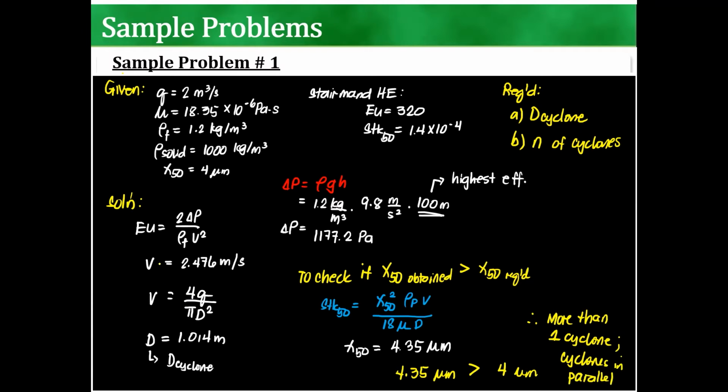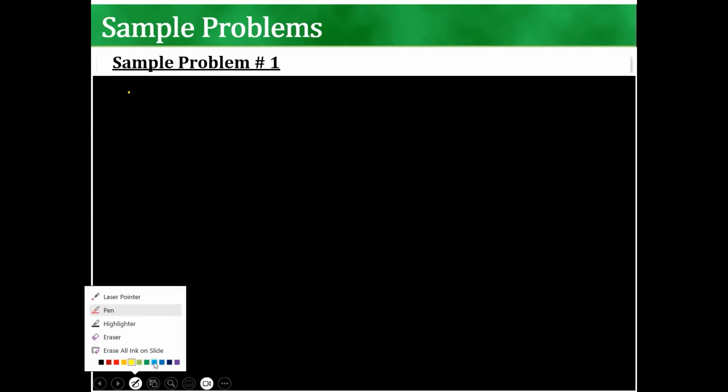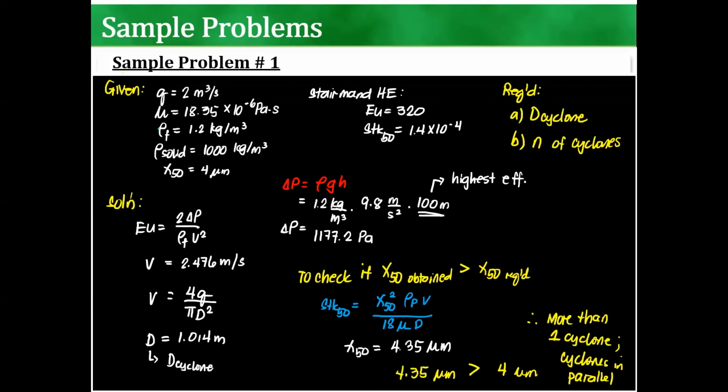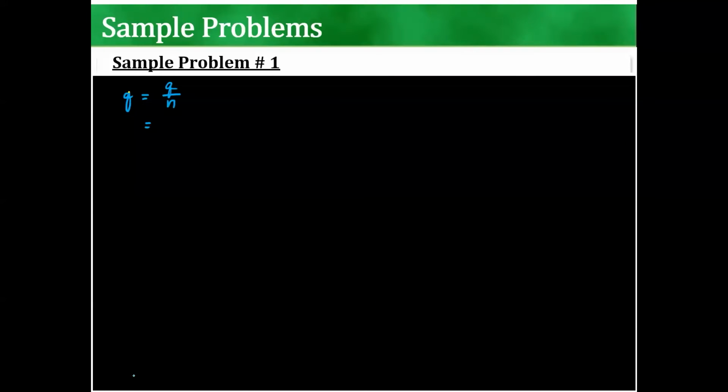So in order to approximate the cyclones in parallel, typically the formula that we use is Q over N. What's this N? N is the number of cyclones. So the Q that we have here is 2, so that means 2 over N is the actual flow that we'll be using.